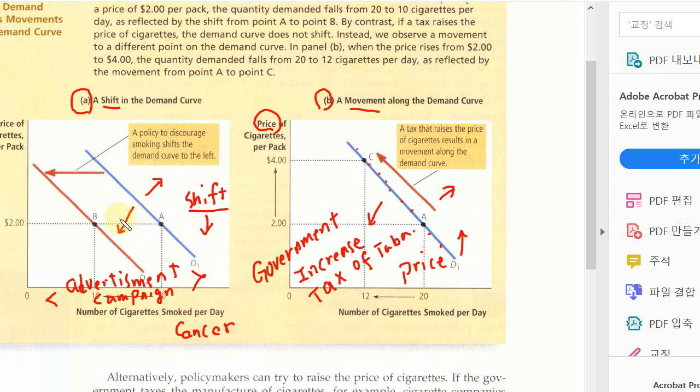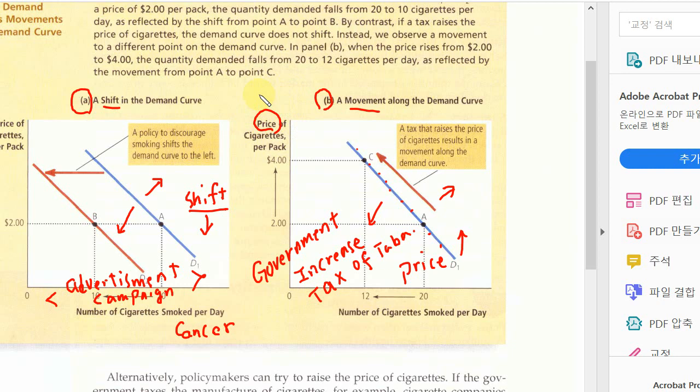Not only this one, but other examples can occur. We will have more examples. In case of not directly the price of that product, but other product pricing.